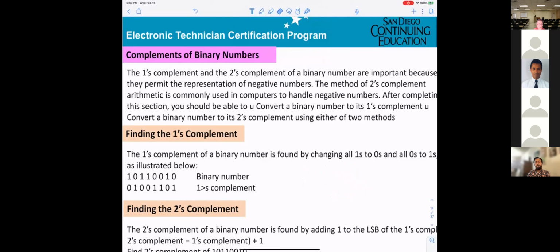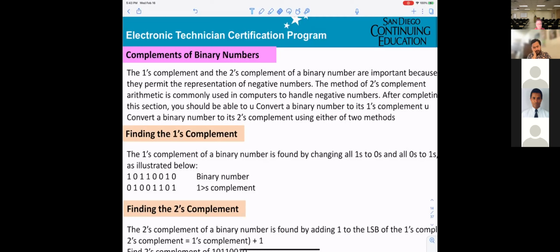Either complement 1 or complement 2. Second complement, first complement. In the computer system, you get only 1. Either they use first complement or they can use second complement. Most computers use second complement. But why do we need that?